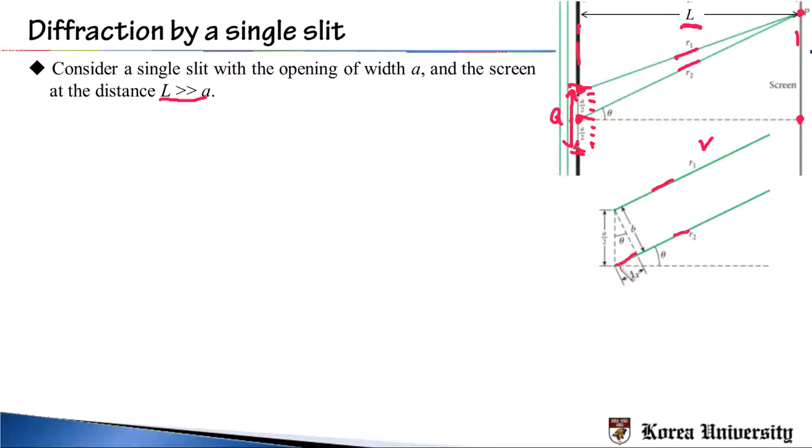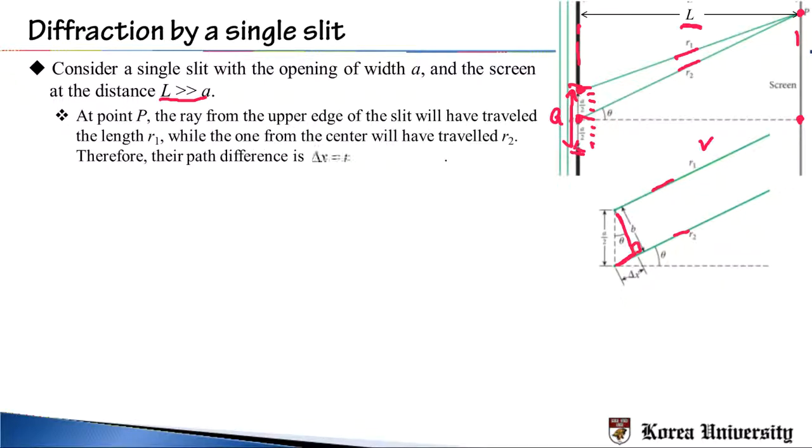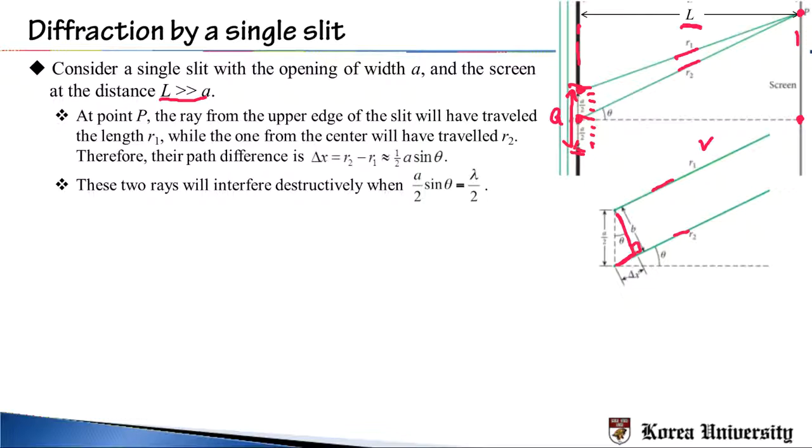Okay, in this figure, this much is the difference, and this line is perpendicular to one of the paths. Let's call it delta x. And what is delta x? You can use simple trigonometry and figure out that this is equal to half of a multiplied by sine theta. Half of a is of course this much, because this is the upper edge and this is the middle of the slit, so it's half of a.